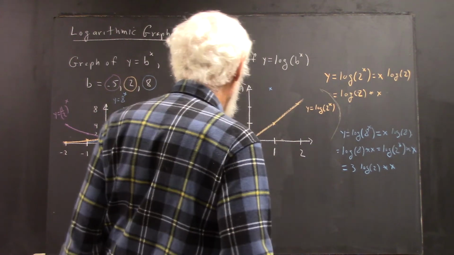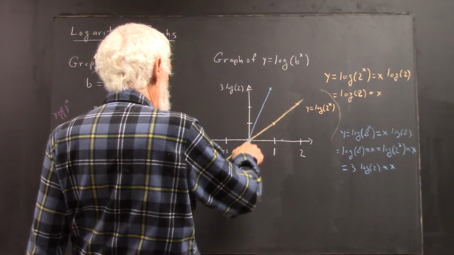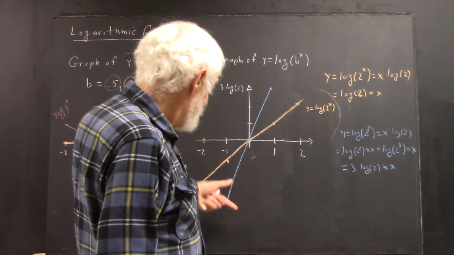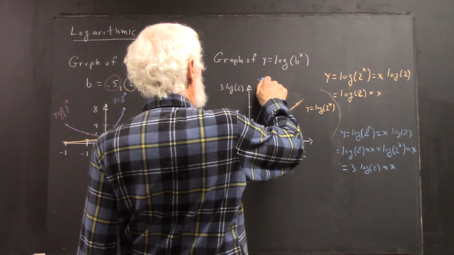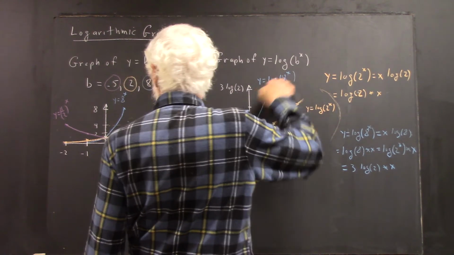So I really don't have to plot any other points. I can simply draw a straight line through these 2 points. It's not as straight as I'd like it. And we have the graph of y equals log of 8 to the x.